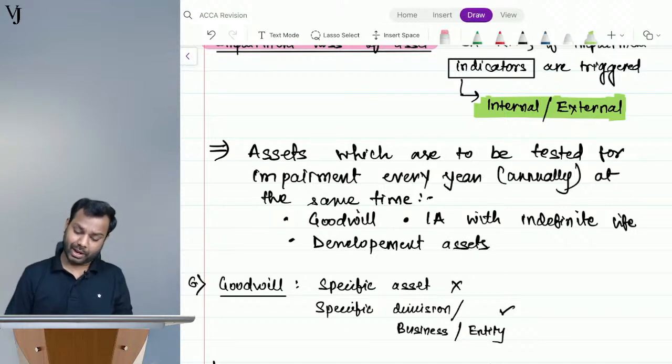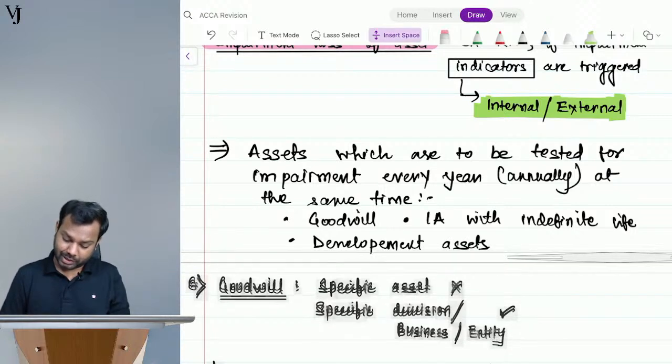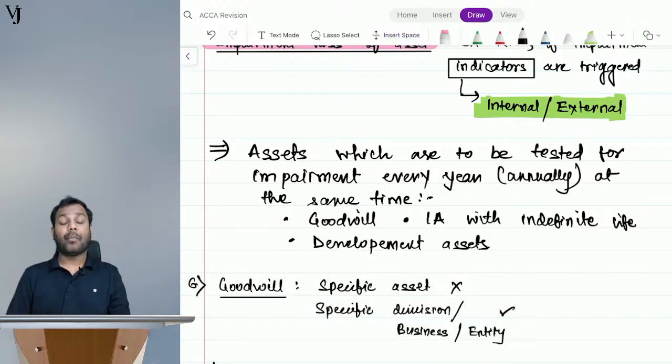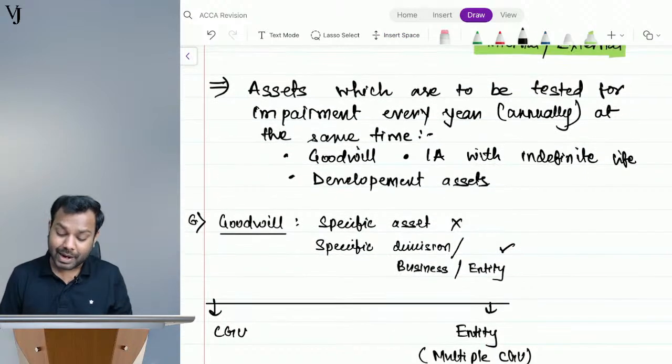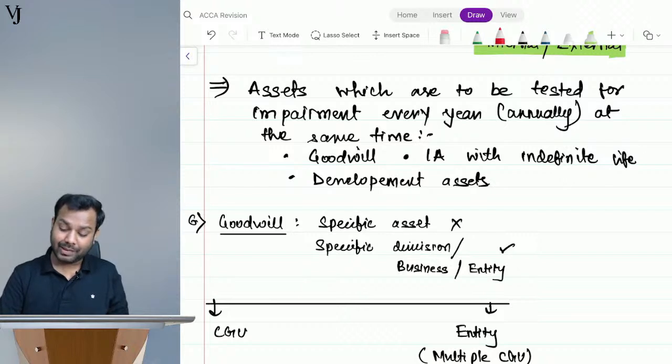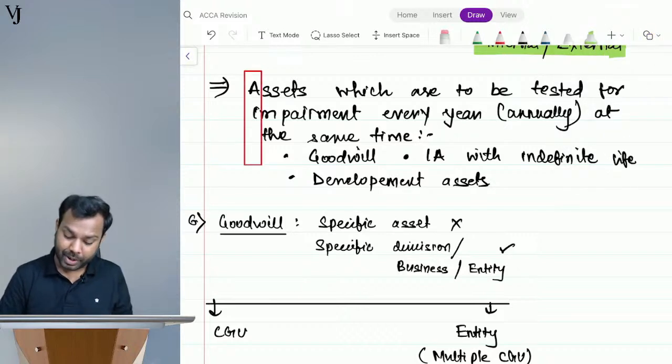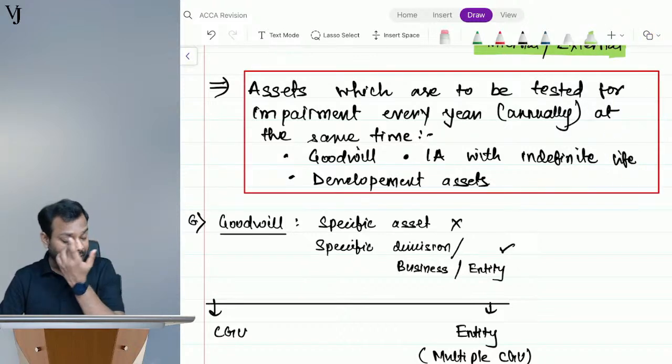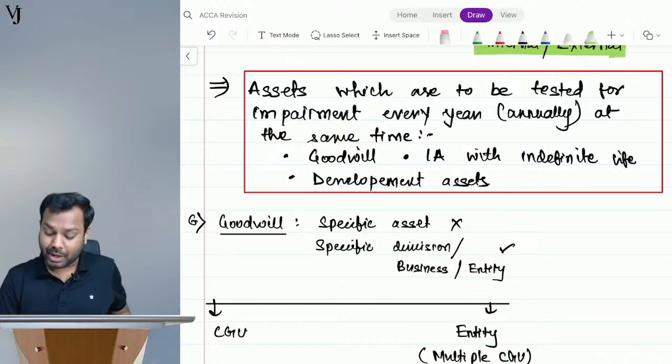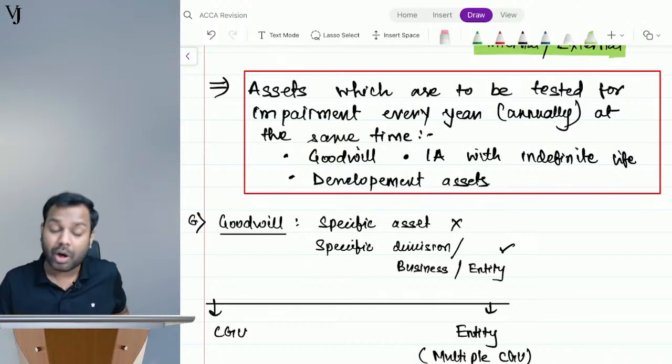Why? The reason is these assets are not amortized. Hence, these assets have to be tested for impairment every year, irrespective of whether impairment indicators are triggered or not.